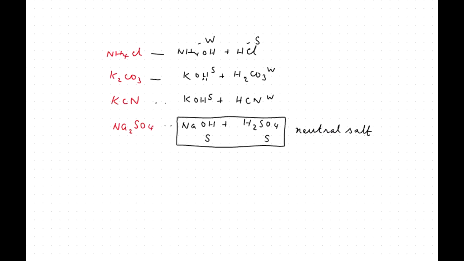Whereas in all other cases, depending upon the nature of the salt or the nature of the base or the acid, the pH of the pure water will change. But when you add neutral salts such as sodium chloride, sodium sulfate, or potassium chloride, potassium sulfate, or any other strong salts like this, the pH of the solution will not change. Clear?